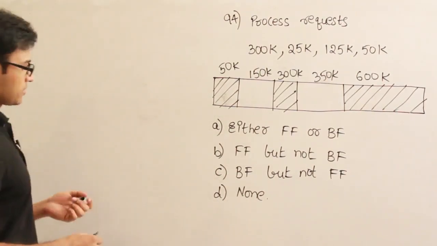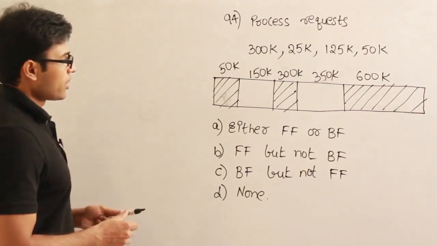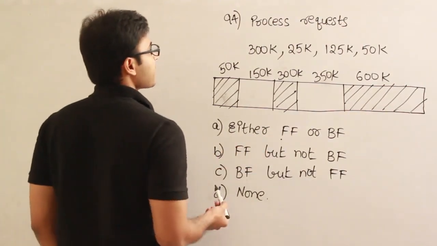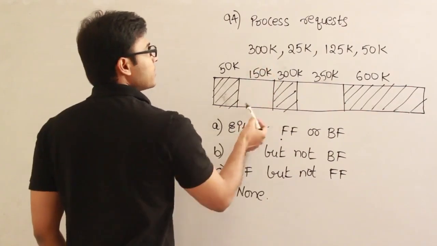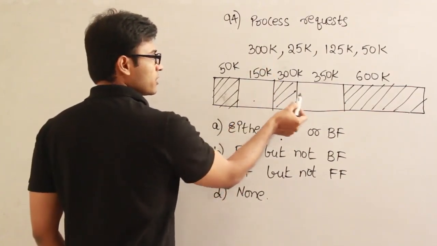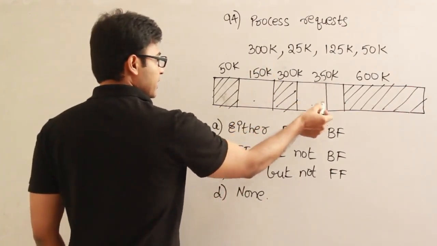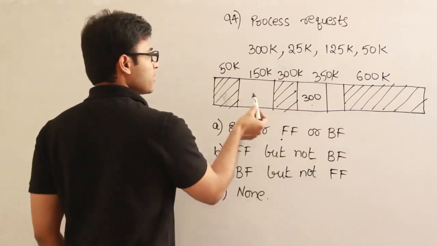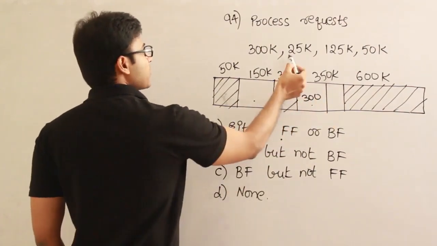So let's see what happens with first fit. 300 cannot be fit here, therefore the first fit will put 300 here. If 300 is kept here, then what is remaining? 50 is remaining here and 150 is remaining here. Next 25.